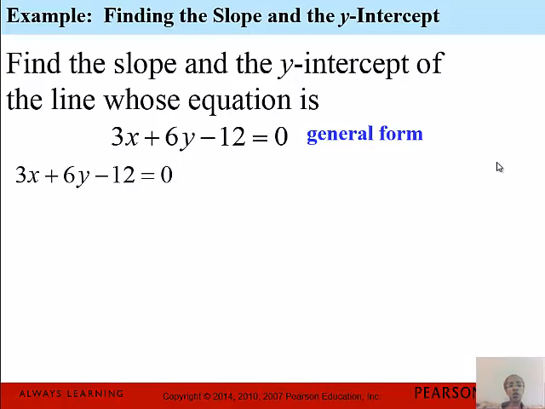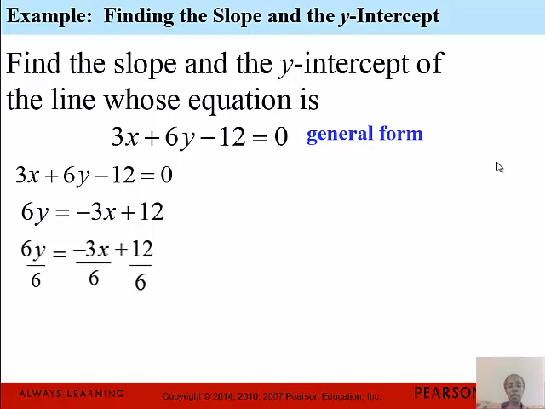Our first steps in isolating y are to add 12 to both sides of the equation and to subtract 3x from both sides of the equation. So we're now left with 6y = -3x + 12. And to isolate y, we need to divide by 6. But each term gets divided by 6.